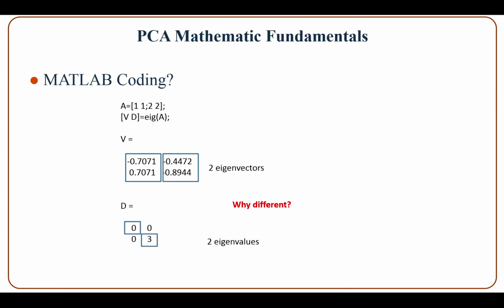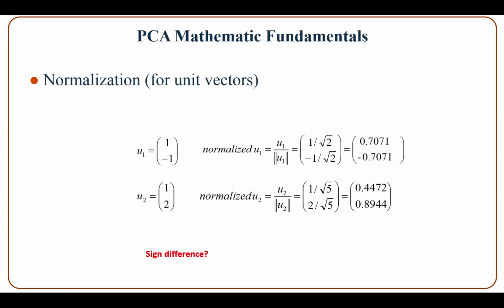You can use the eig function in MATLAB to return the eigenvectors and eigenvalues from the same matrix. The results can be a little bit different because in MATLAB the eigenvectors are normalized.